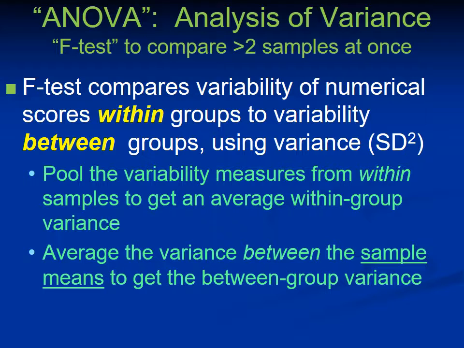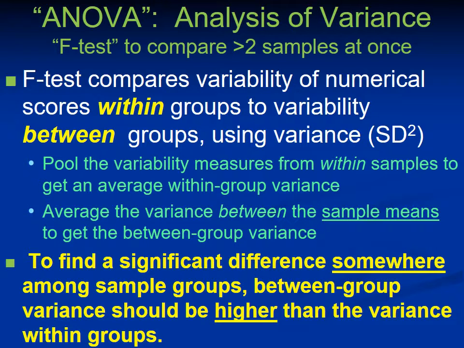And for this formula, you actually use variance itself and not standard deviation. So you're pooling the variability measures from within each of your samples to get an average within group variance, and then you average the variance between the sample means to get the between group variance. So you're looking at within group variance versus between group variance.